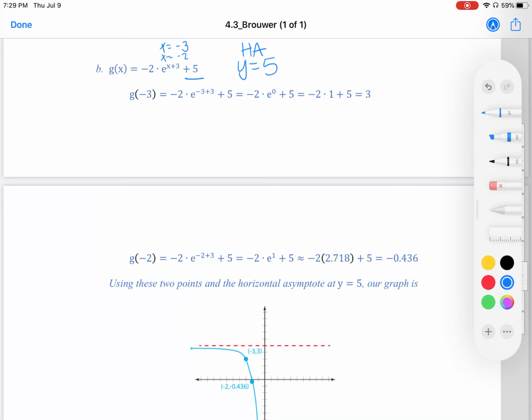We chose to work with -3 because we see that -3 plus 3 will give us 0 for the exponent. E to the 0 power will give us 1, so that we have here -1 times -2 times 1 plus 5, which gives us 3. So I have the point -3, comma 3.